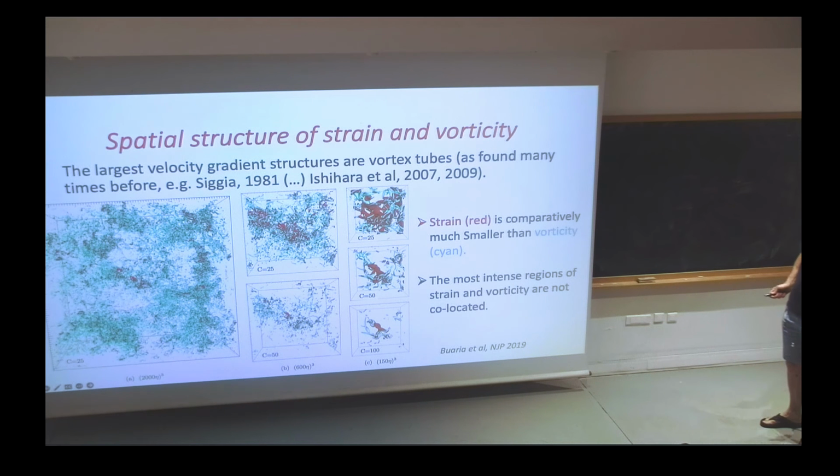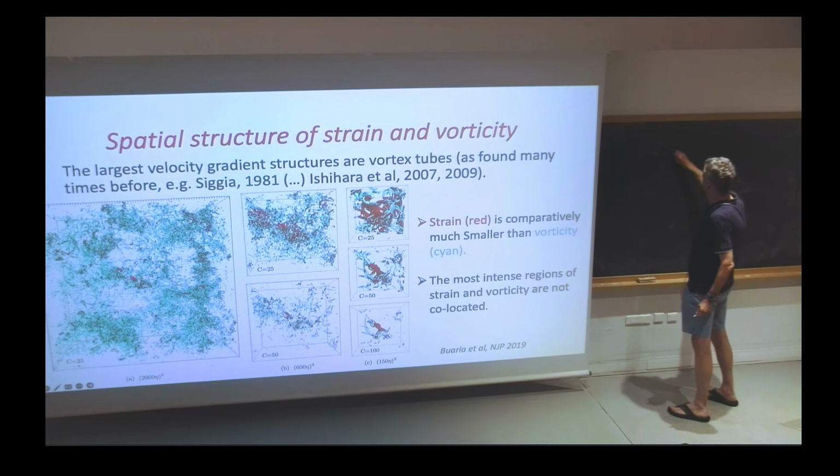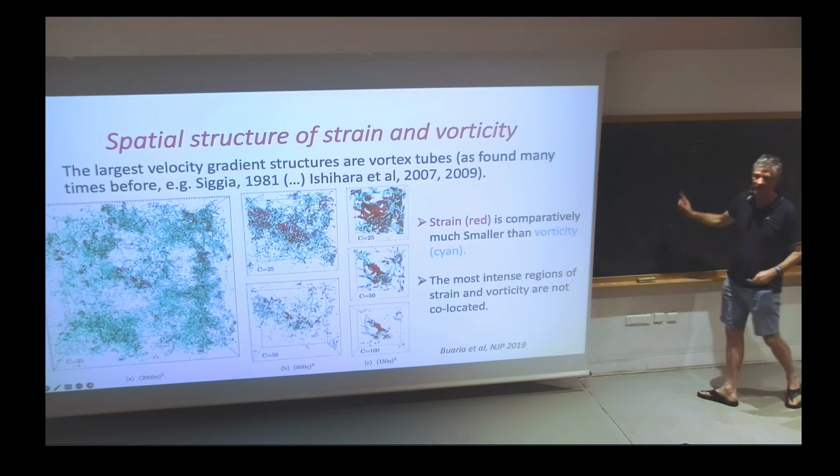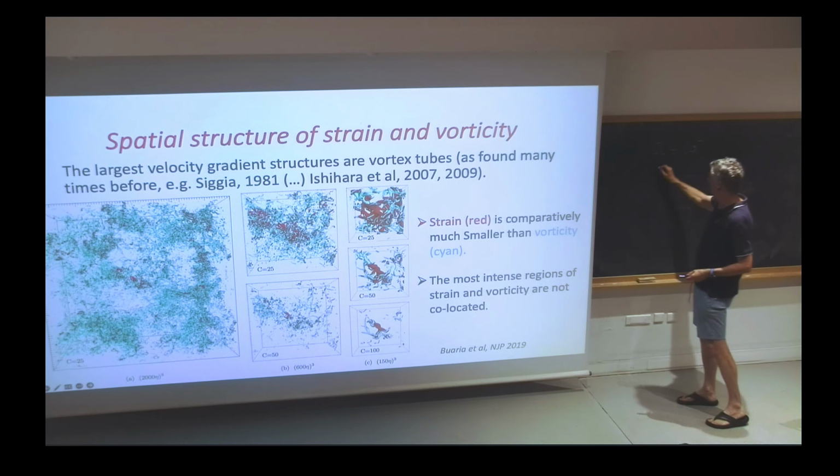Here's my box, a fair bit of it. By this cyan thing, I'm representing values of capital omega, which is the vorticity squared, so it's enstrophy, if you wish. And that's the cyan.